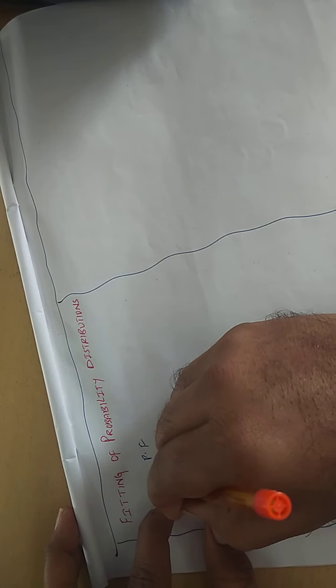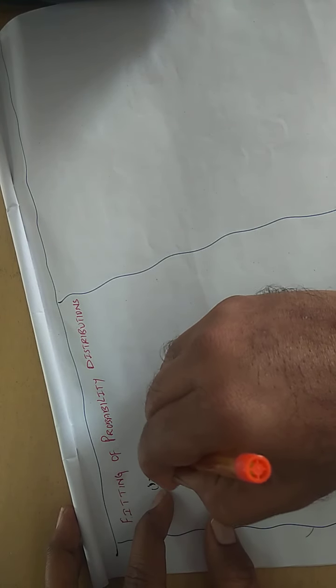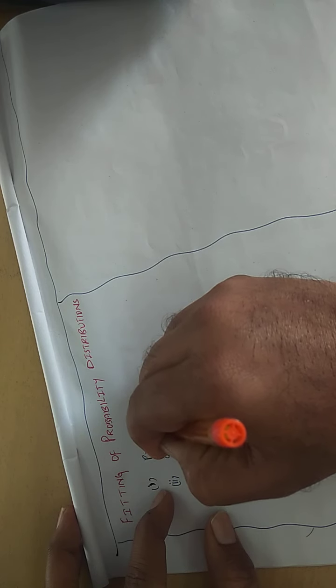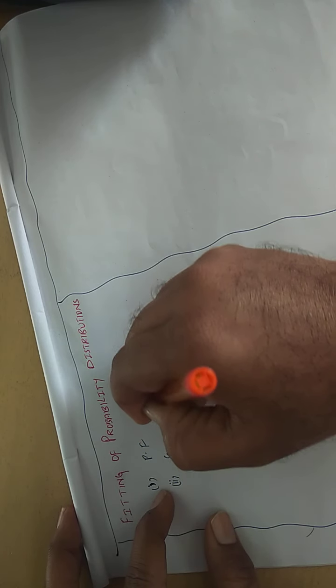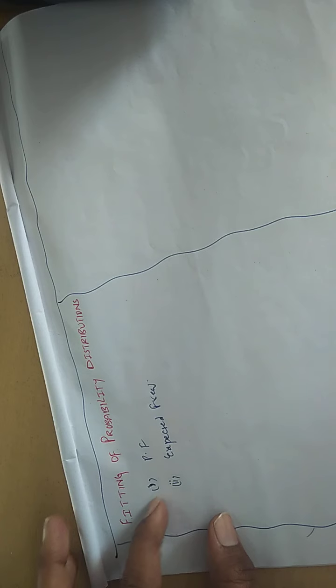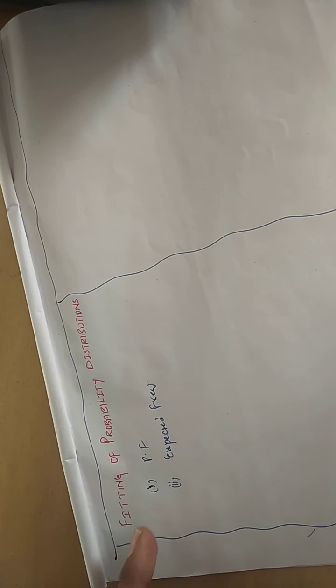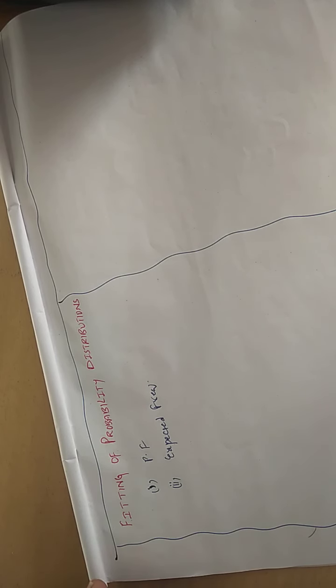Step 2 is to calculate the expected frequencies. These types of questions are very rarely asked in the question paper, but this information is going to be very valuable for your future decision making.